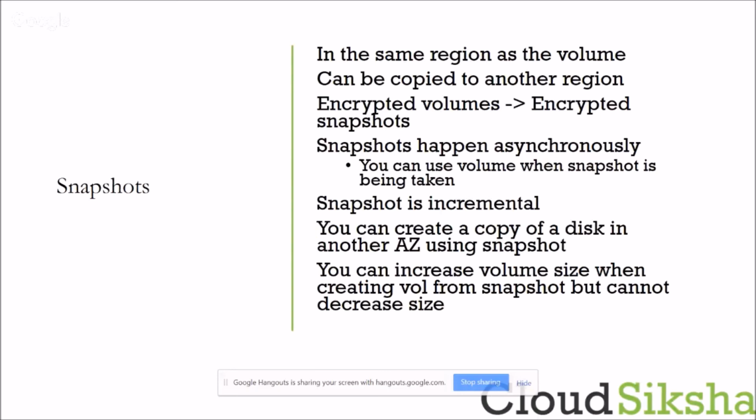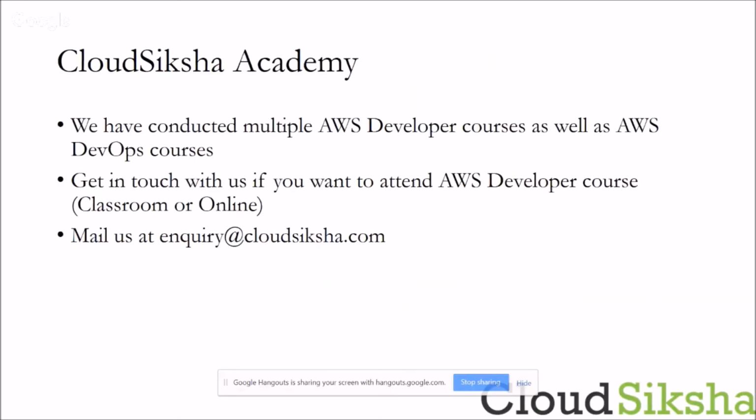And when it makes another volume, it will ask for 500 GB. You cannot reduce that. The minimum size is 500 GB. But if you want to make it 1 terabyte, you can make it 1 terabyte. So this is about snapshots. So with that, we sort of end the presentation part.